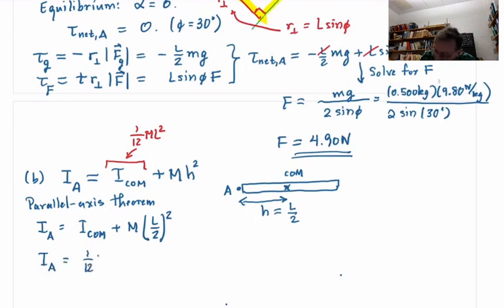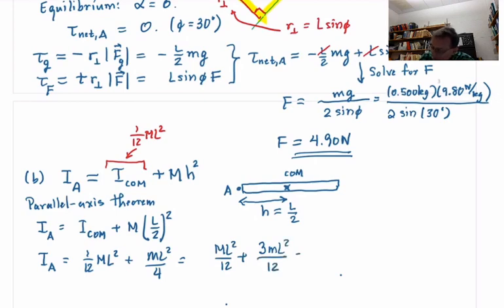So we have 1/12 M L squared plus this is M L squared over 4. Now let's just add these two symbolically. M L squared over 12, by getting a common denominator. We'll multiply the second term, numerator and denominator, by 3. That gives me a 12 downstairs.